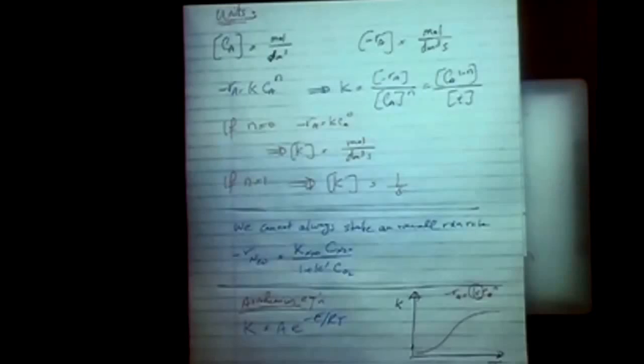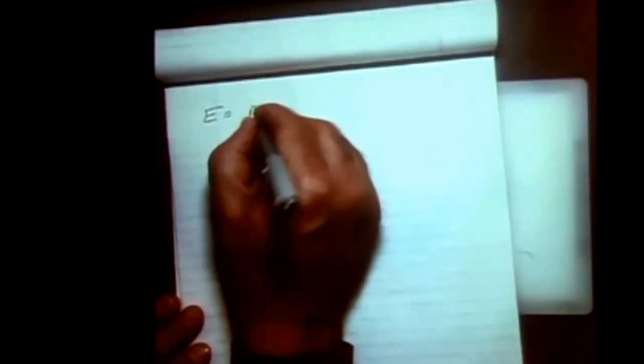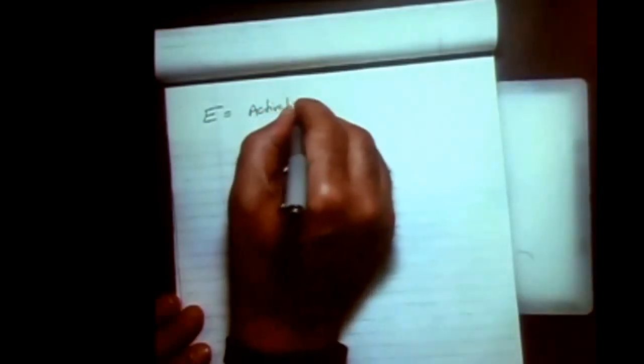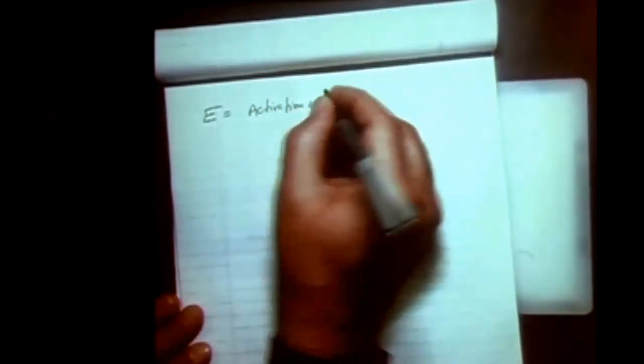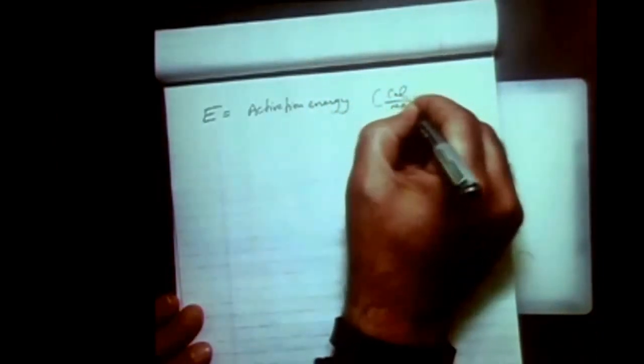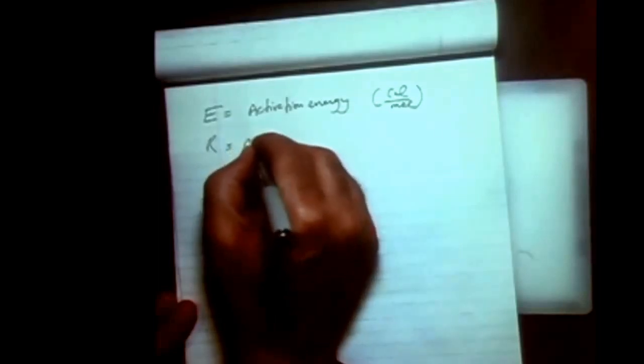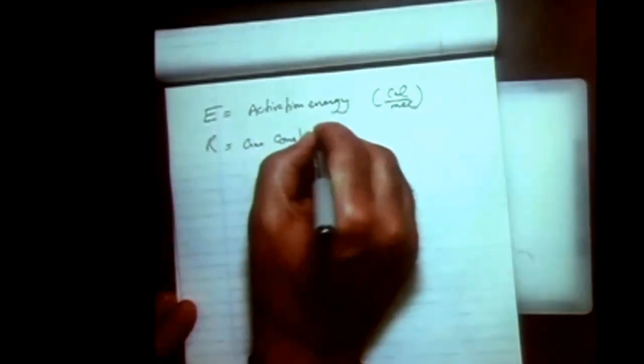Okay, I'm going to write down what each factor is. E is the activation energy, in calories per mole. R is the gas constant, or universal gas constant.